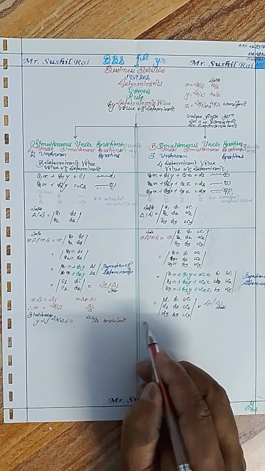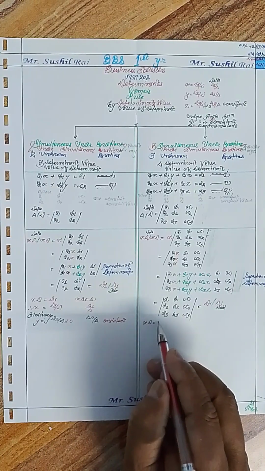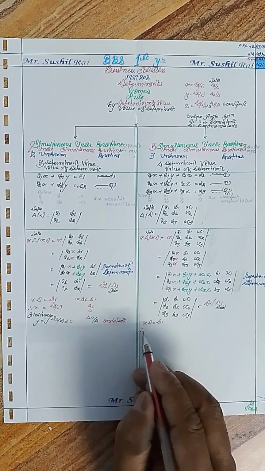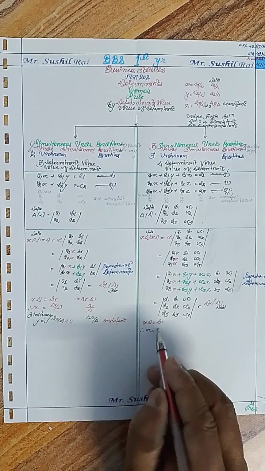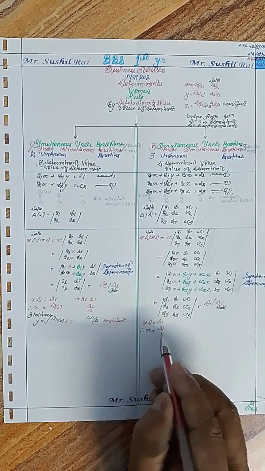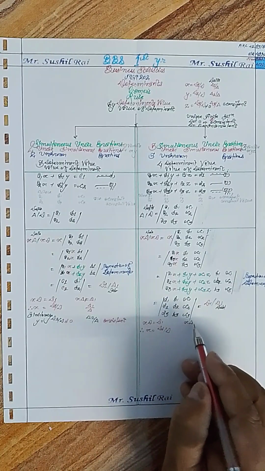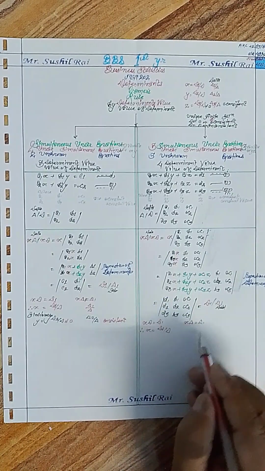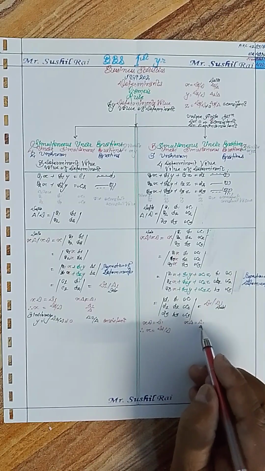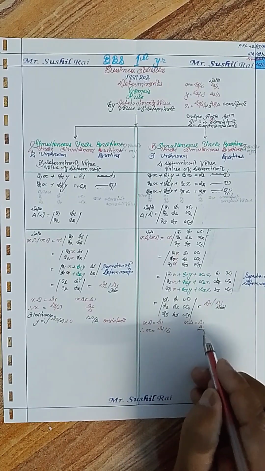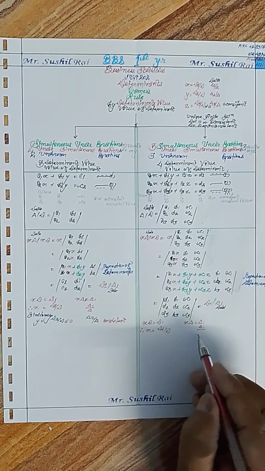So x D equals D1, therefore x is equal to D1 by D. x delta equals delta 1, so x is equal to delta 1 by delta.